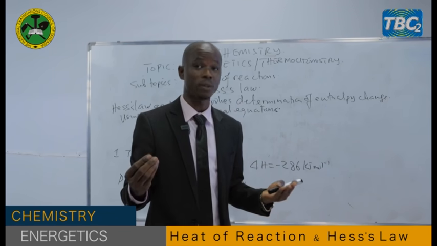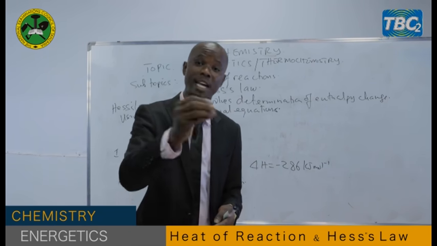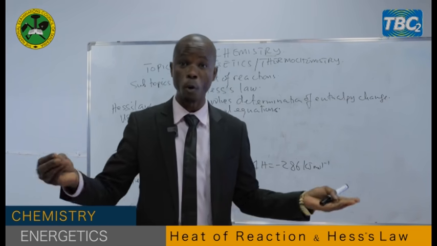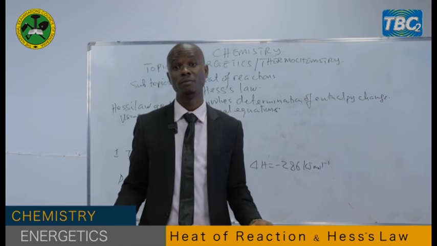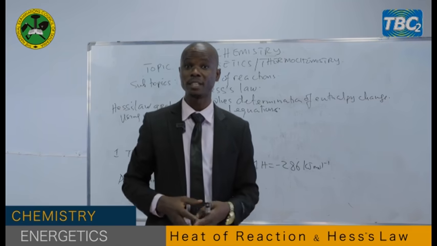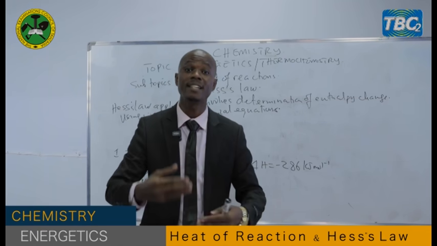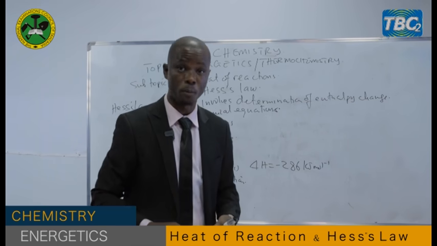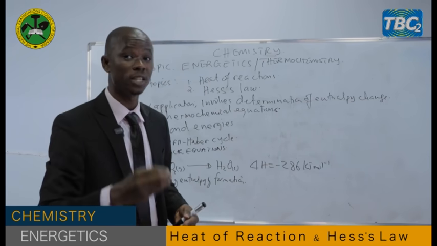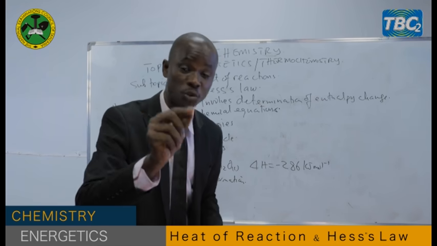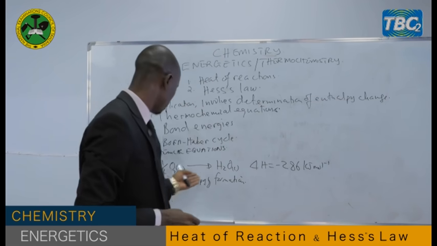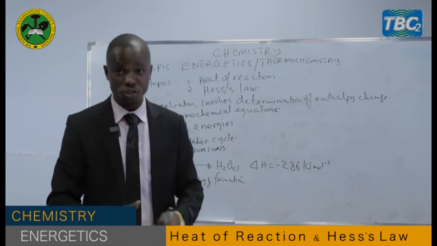It is sometimes difficult to set up an experiment to determine the enthalpy of formation of some compounds, for example, methane and benzene. So it is difficult to measure the enthalpy of formation of these compounds directly, but we can determine the enthalpy of formation of these compounds indirectly using Hess's law, by using these thermochemical equations.